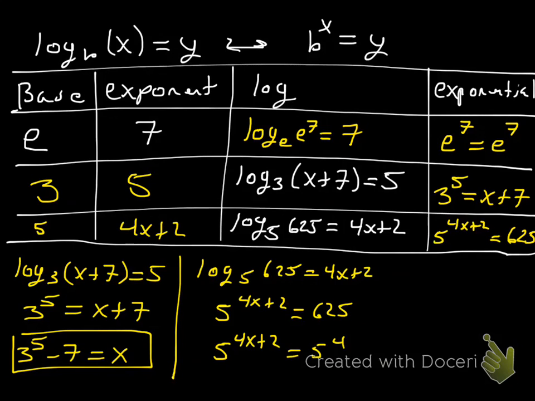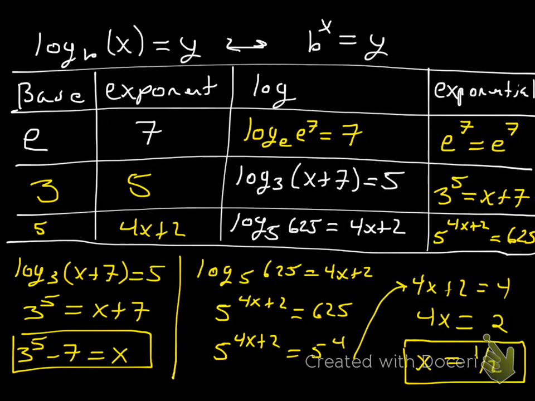Because exponential functions are 1 to 1, we can go ahead and equate the exponents. 4x plus 2 equals 4. Subtract 2 from both sides and then divide by 4. So your x is going to be 1/2.